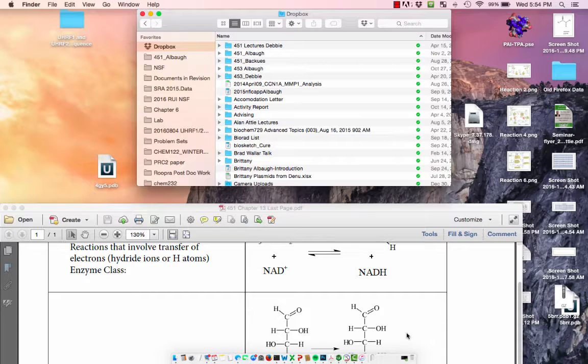So the next reaction doesn't require ATP. We still have -2 ATP. The next reaction is an aldol cleavage reaction. And it's going to fall under the general type of reaction which is non-hydrolytic cleavage.